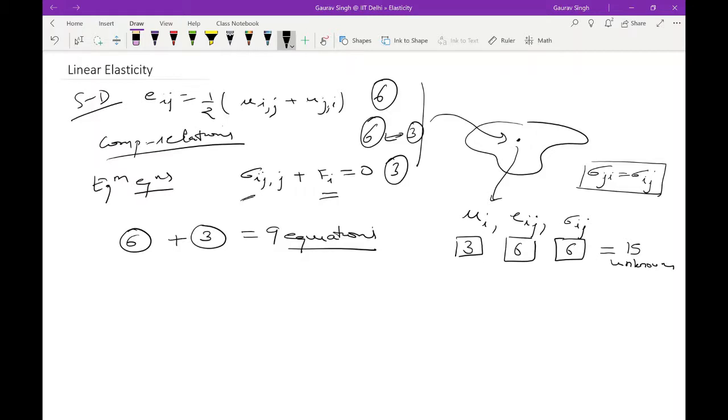So this is not adding anything new. The 6 strain displacement and 3 equilibrium equations are 9 equations, and you have 15 unknowns, and hence we have to add some more information, perhaps a relationship between stress and strain. And that is where we want the material response to come in.